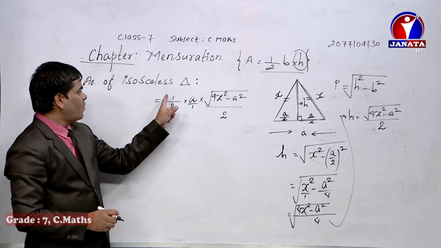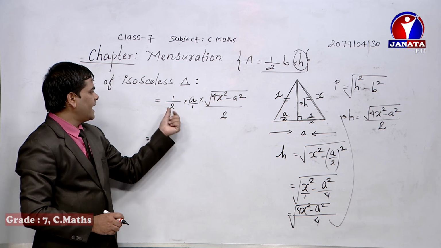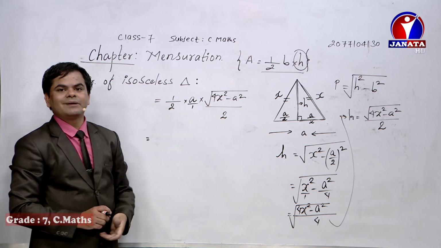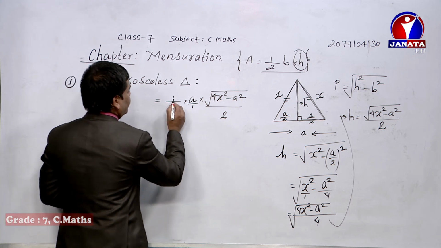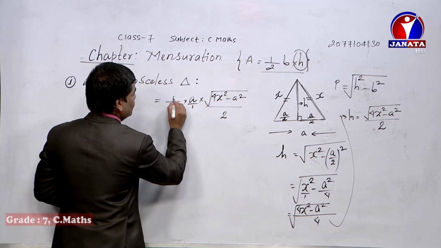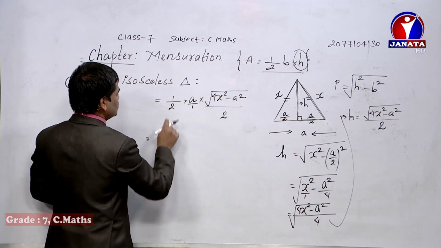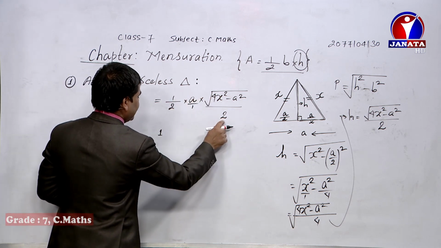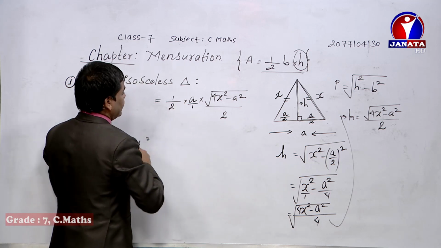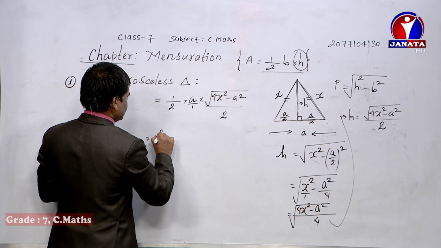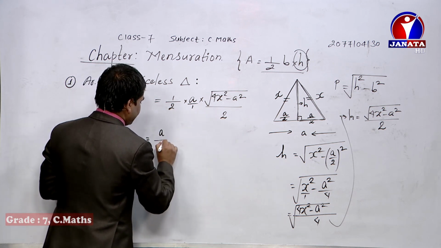So 1 and a, and this one, will multiply each other, and 2 and 1 and 2 will multiply each other as the denominator. 1 remains 1, because there is no other number. A 1s are a, so it remains a. Now 2 1s are 2, 2 2s are 4, so a by 4.